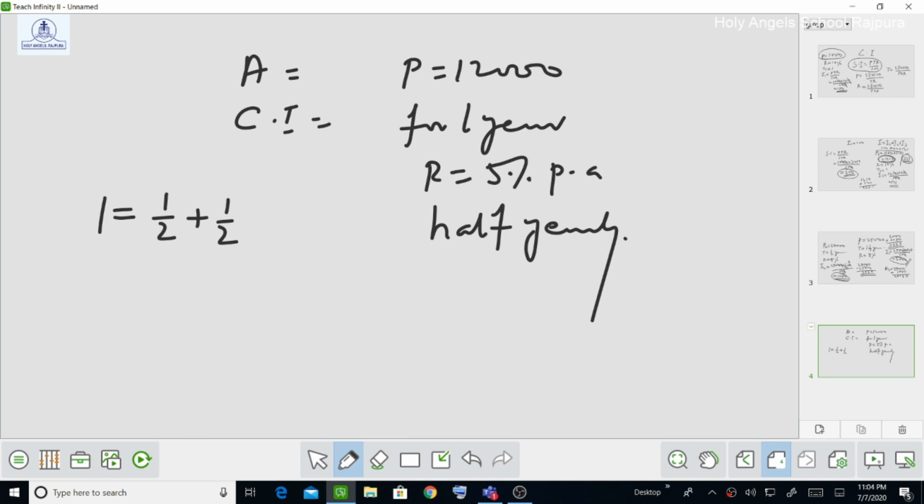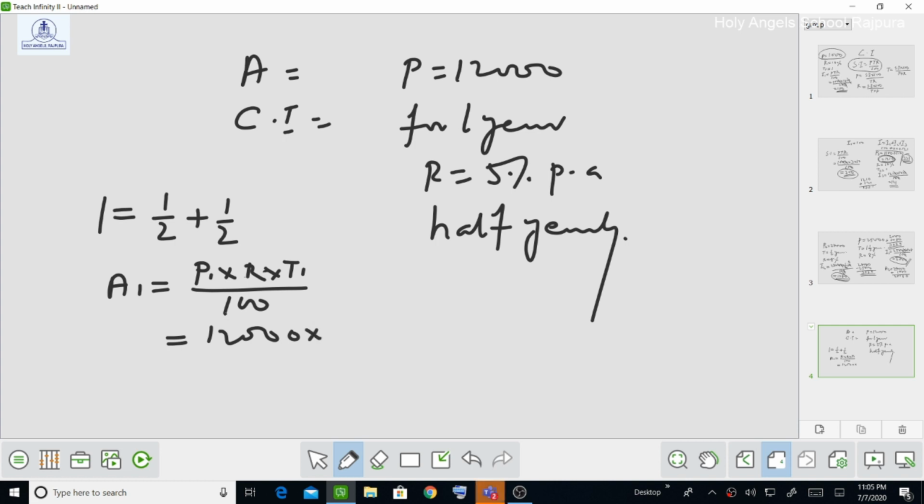We apply the formula to get the value of I1. I1 is equal to P into R into T1 upon 100. R is the same, there is no change.